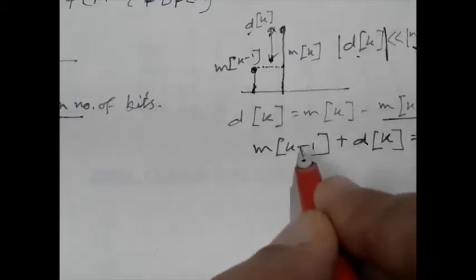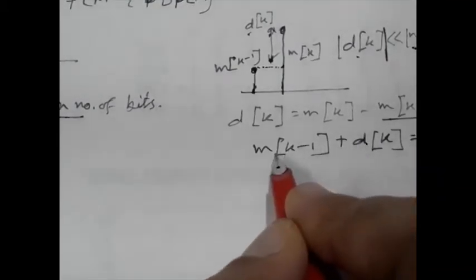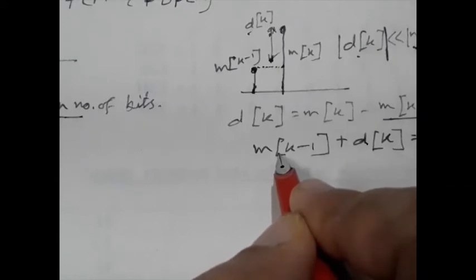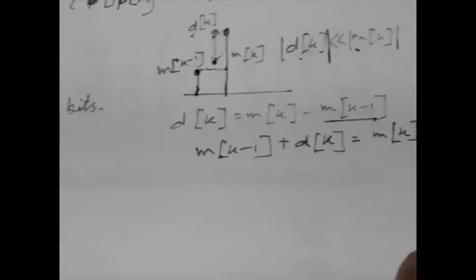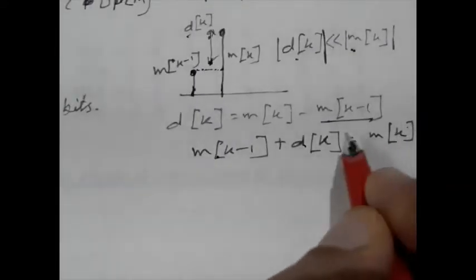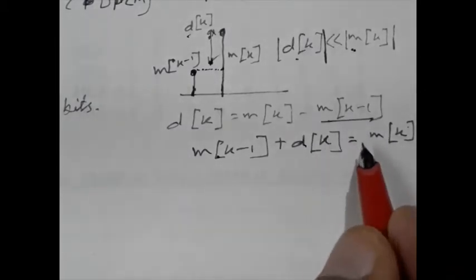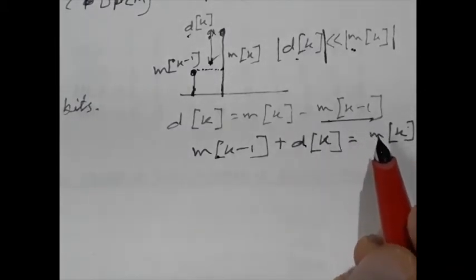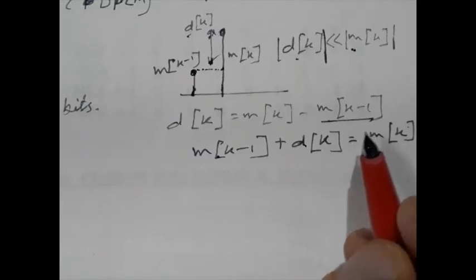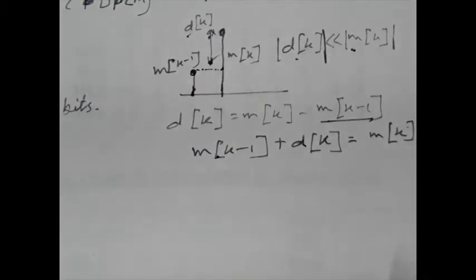So adding this difference to the previously available sample, it can generate the current sample. This technique is called the differential technique, because it actually transmits the difference between two successive samples.